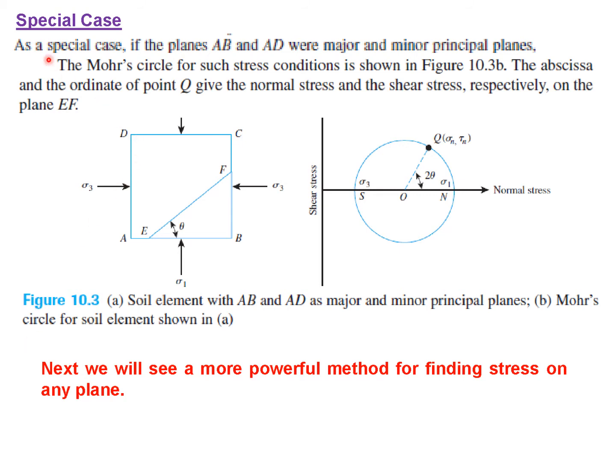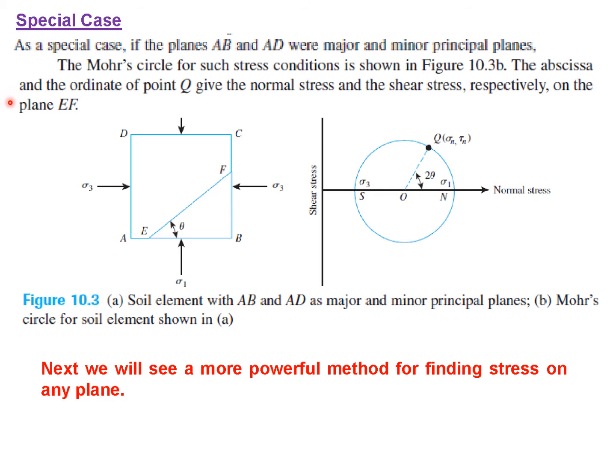Now look at that, a special case. As a special case, if the planes AB and AD are major and minor principal planes, the Mohr circle for such stress condition is shown in figure 10.3b. The abscissa and the ordinate of point Q give the normal stress and shear stress respectively on the plane EF.